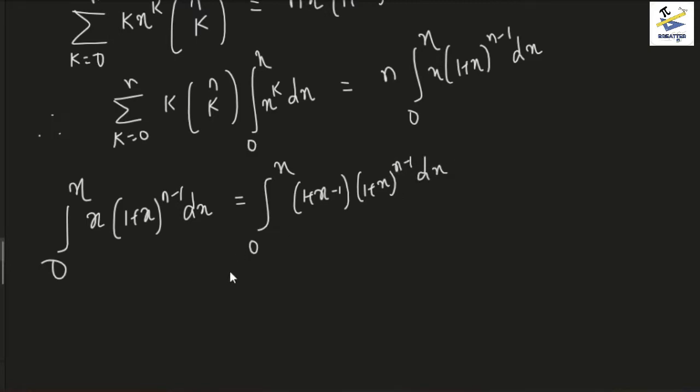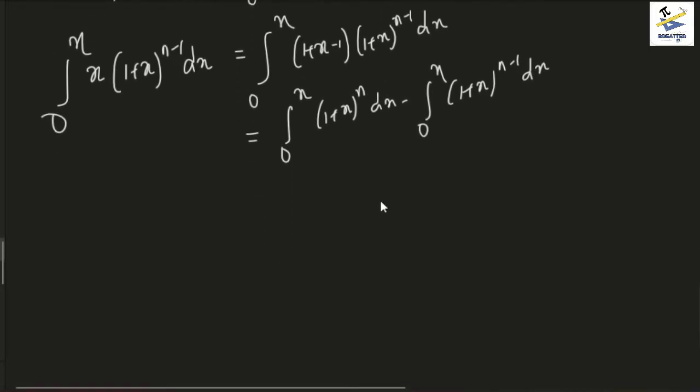This becomes the integral from 0 to x of (1 + x) to the power n dx minus the integral from 0 to x of (1 + x) to the power n minus 1 dx, right? Now the first one is (1 + x) to the power n plus 1 by n plus 1, so it becomes (1 + x) to the power n plus 1 minus 1 by n plus 1.